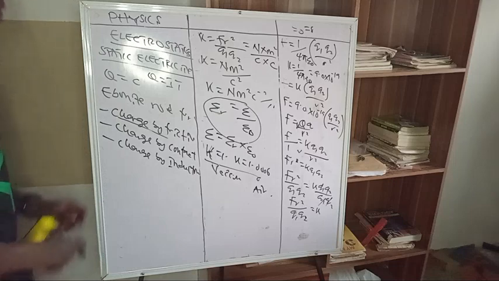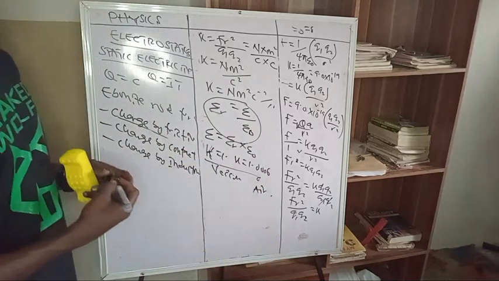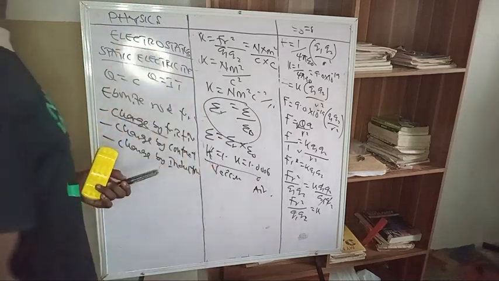When you're talking about the superposition principle, generally it means the total charge is equal to the sum of the individual charges.